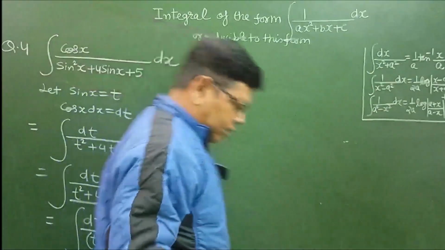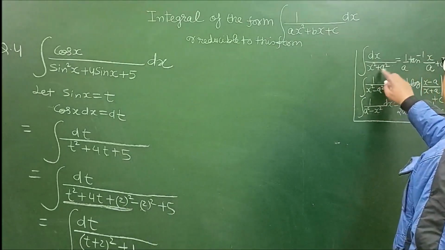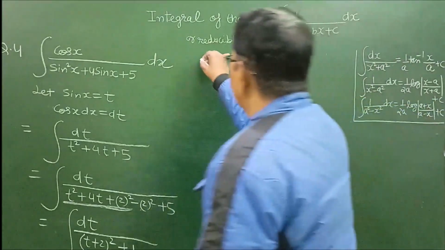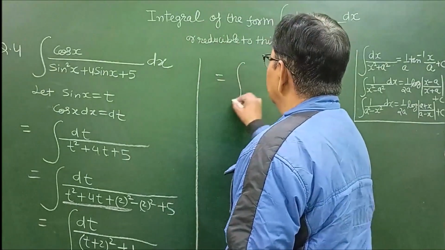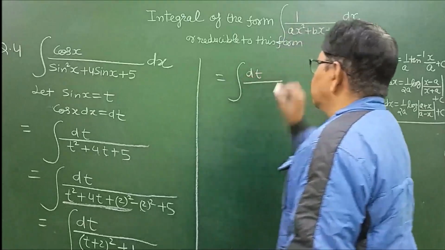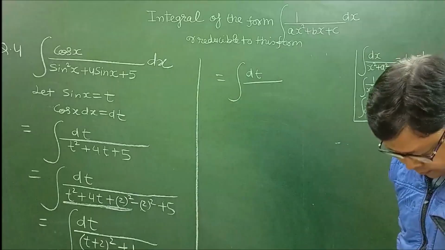Now this integral is of the form dx upon x square plus a square. So we can write here, this is equal to integral of dt upon (t plus 2) square plus 1 square.